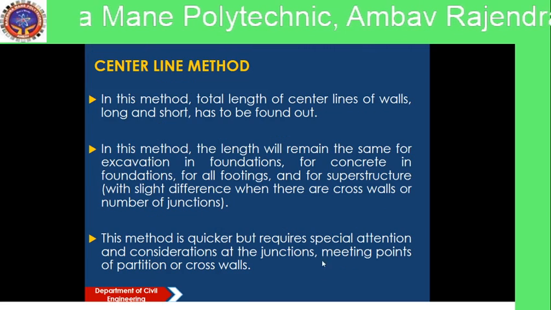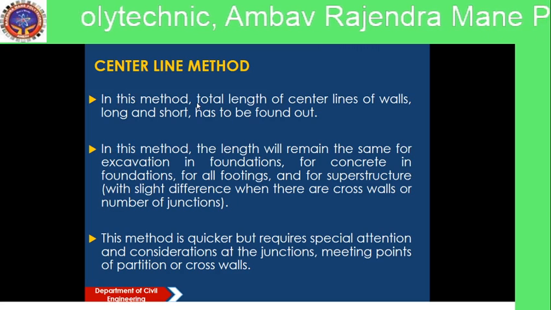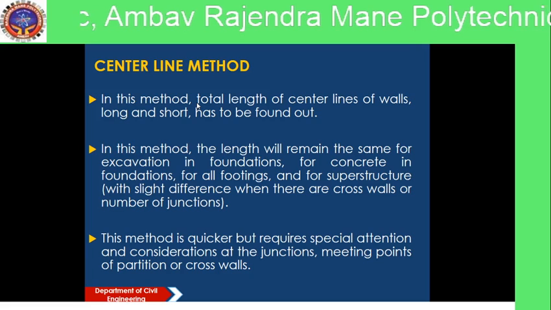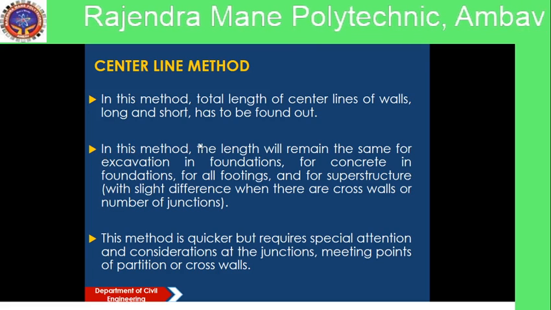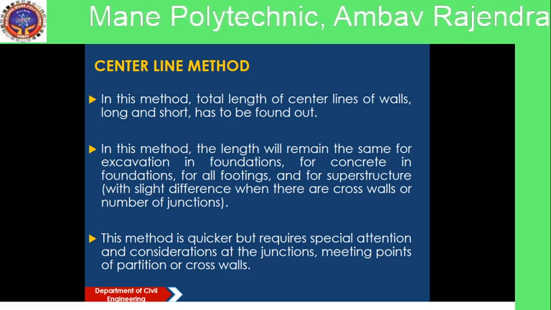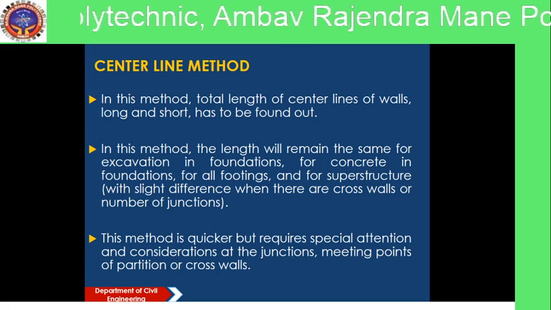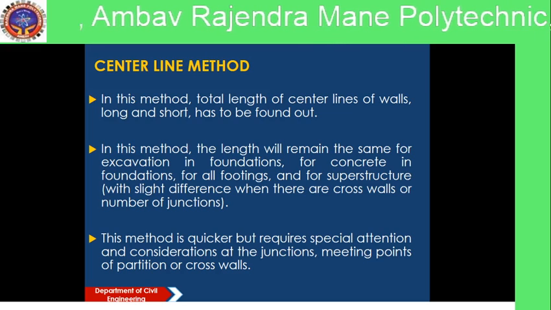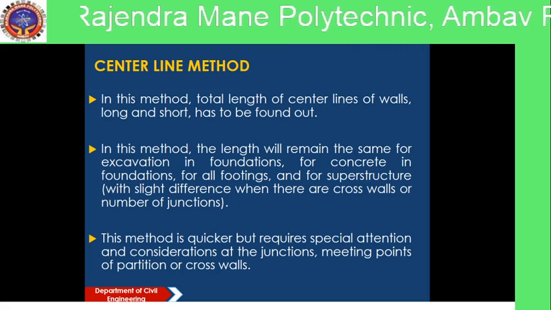In the center line method, the total length of center lines of walls, long and short, has to be found out. In this method, the length will remain the same for excavation in foundations, for concrete in foundations, for all footings and for superstructure, with slight difference when there are cross walls or junctions.